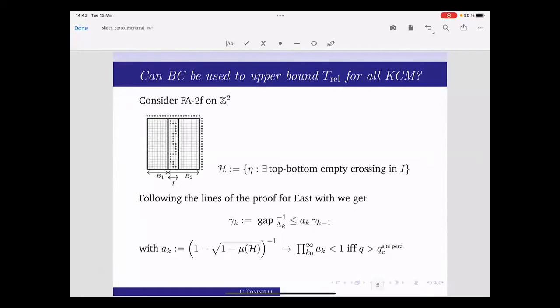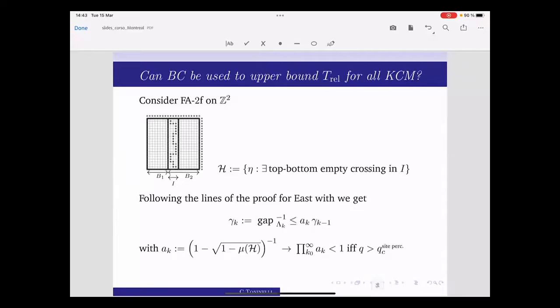In the same way, it's easy to see that for any finite volume, even not a square one, it is enough to have a boundary condition which is empty on the north and right boundary.